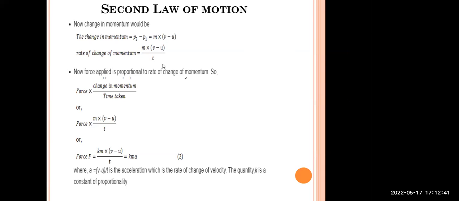And the impact of catching that ball, the impact on his hands, gets reduced. If he doesn't do that, the impact will be more and may hurt his hands. So you can say that this is the practical application of your second law of motion.